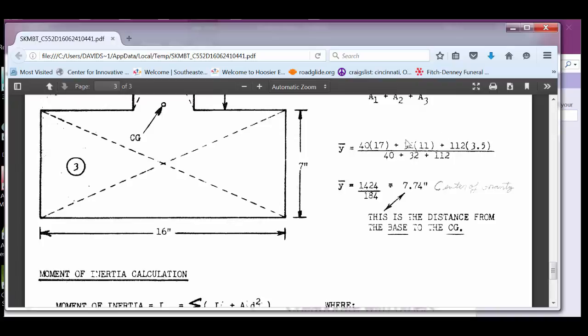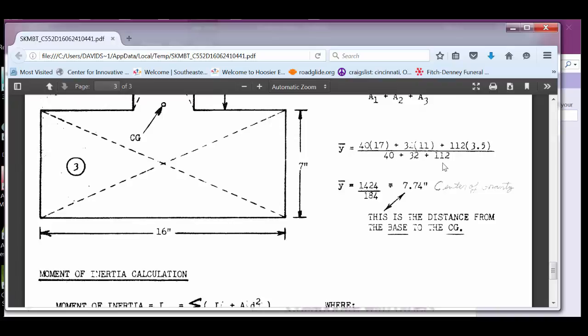Okay? So you've got the area of the first block times the center of gravity of the first block, plus the area of the second block times the center of gravity for the second block, plus the area of the third block times the y for that particular area, all divided by all three areas.